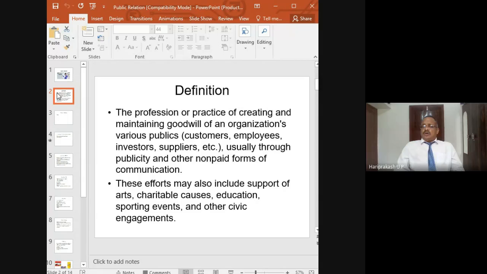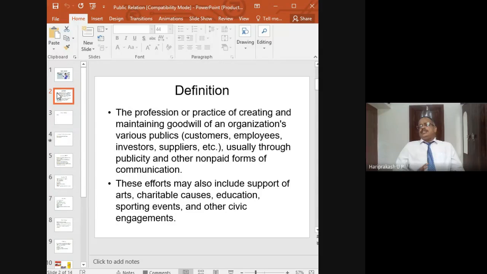You are not paying anything; the person involved in public relation is not paying anything. Till now, all the different forms of promotions that we have discussed use some paid form. Advertisement we have seen, it is paid. Sales promotion we have seen, yes, cost is involved there, right? But here, public relation does not involve any cost.